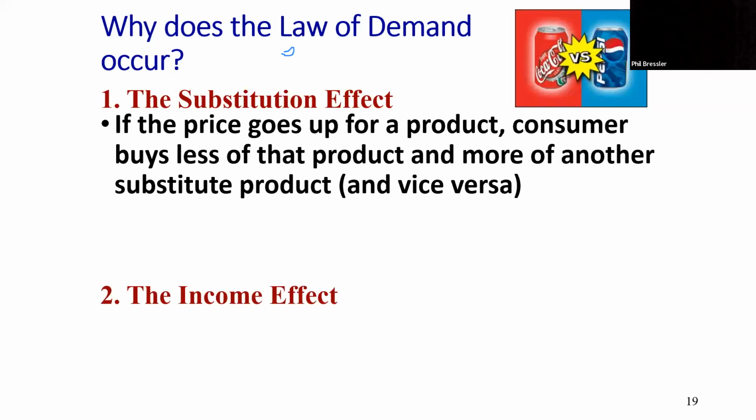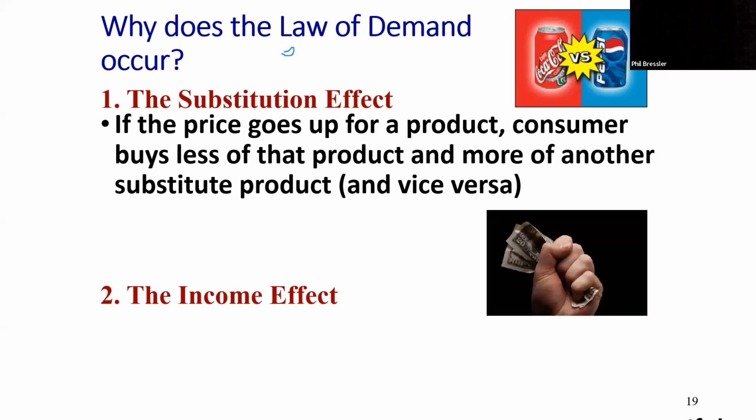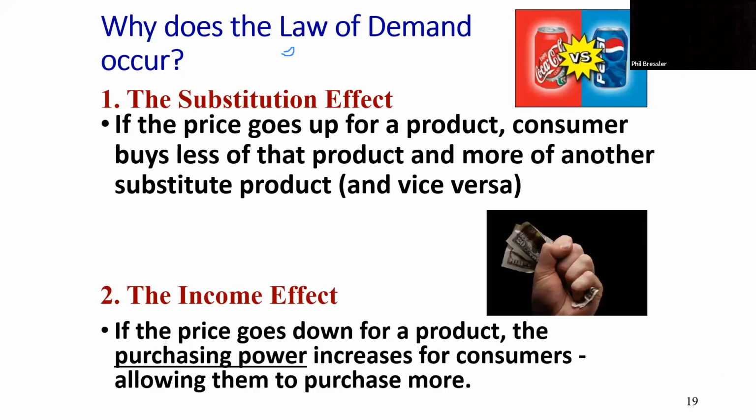Second is the income effect. Now, the income effect really doesn't have to do with income. It's not, am I making more or less money? It's how much purchasing power my money has, does it increase or decrease? So again, if I have $10 and the price goes down, I can buy more with that $10 than I used to.